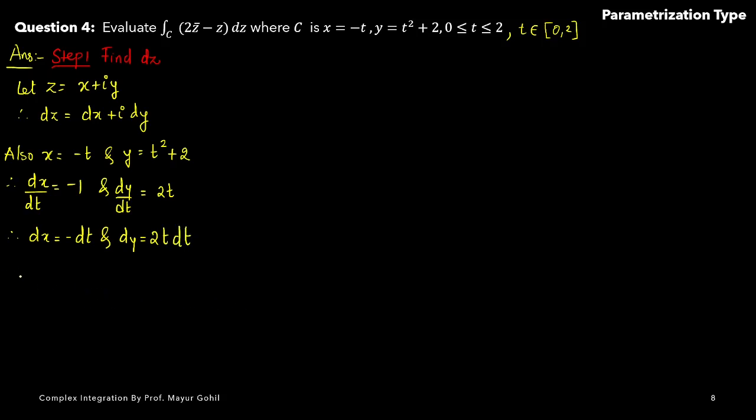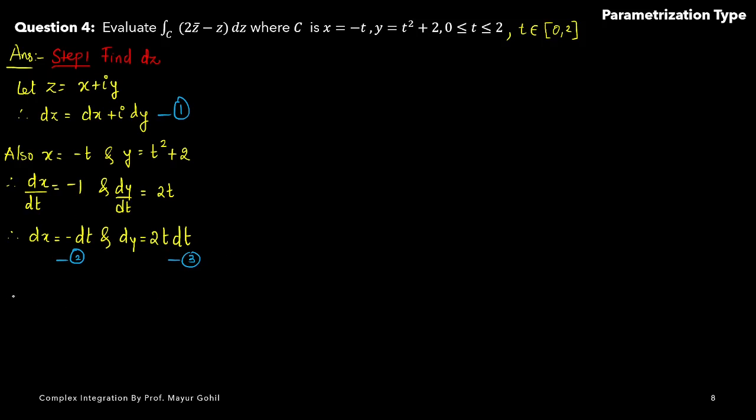Now you see that if I call the standard formula as the first one, dz equals dx plus i dy, and these are two important results that we understand from the parametric equation of the curve, that dx is minus dt and dy is 2t dt.